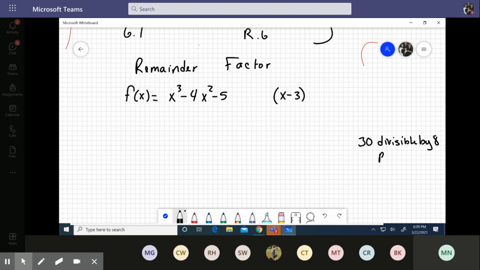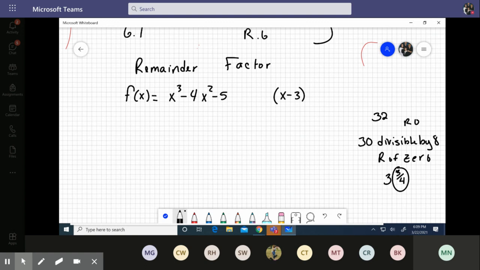We want a remainder of 0. If I do 30, I'm going to get 3 and I'm going to have a remainder, aren't I? It's not going to go in there evenly. But if I said 32, then I would have a remainder of 0 because 8 divides.